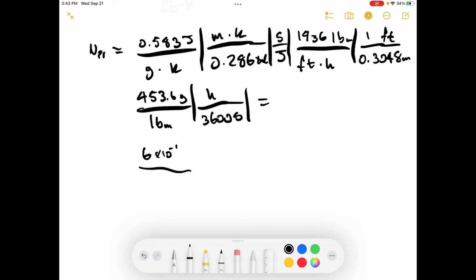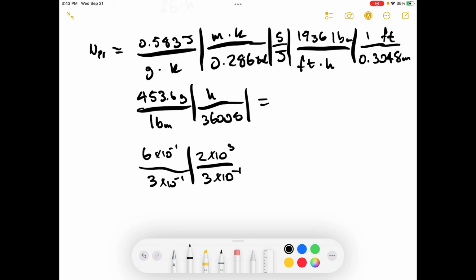Then we're dividing by a 3 times 10 to the minus 1. Then we're multiplying by a 2 times 10 to the 3. And dividing by a 3 times 10 to the minus 1.